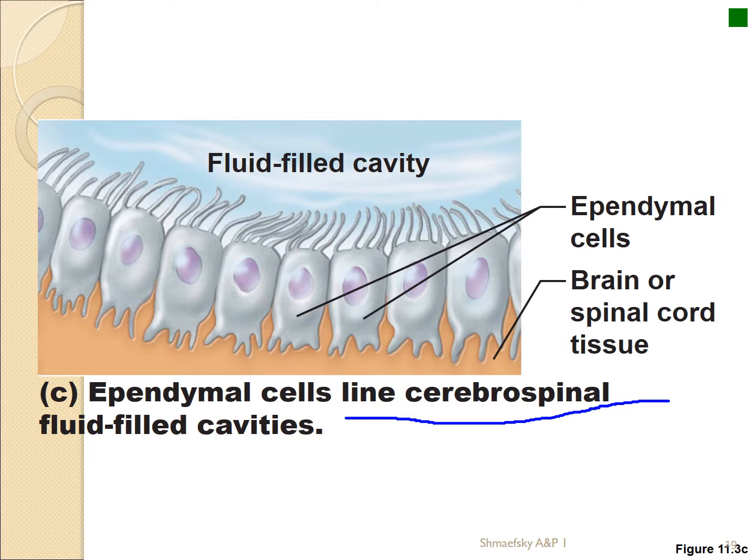Their job is to basically remove fluids from the blood and put them into their own fluid-filled cavity that cushions and acts as a nutrient source and a source of sending signals, chemicals, and collecting waste from the central nervous system. So this is more found in a sac, and we'll see this as we look more into the brain, into what we call the ventricles, and a small opening we see passing through the spinal cord. So these ependymal cells produce a cushioning protective fluid that's also a nurturing fluid.